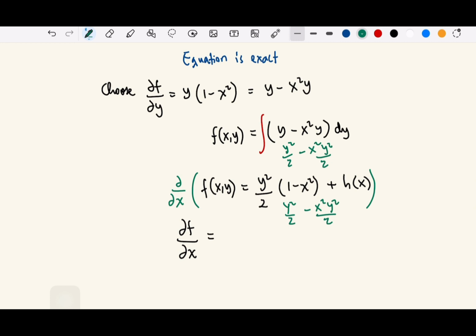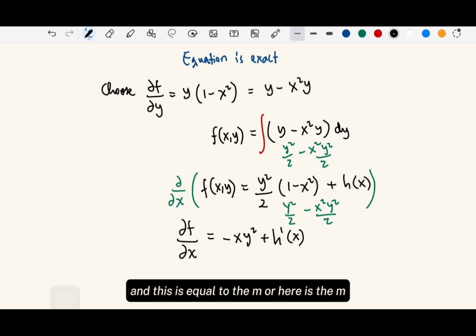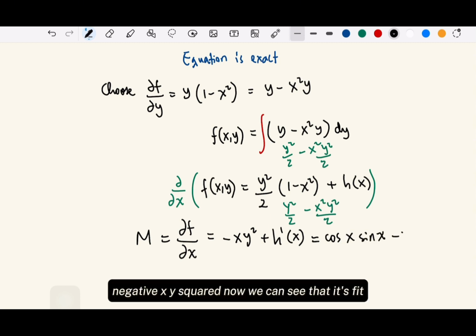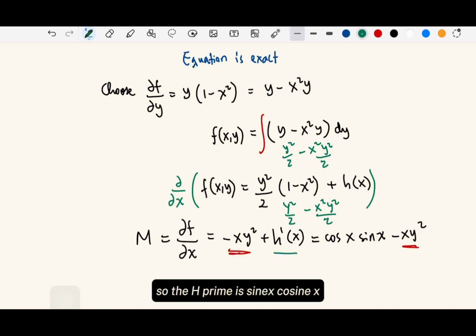So you will have negative xy squared plus h prime x. And this is equal to the m, or here is the m. M is cosine x sine x negative xy squared. Now we can see that it fits. So the h prime is sine x cosine x.